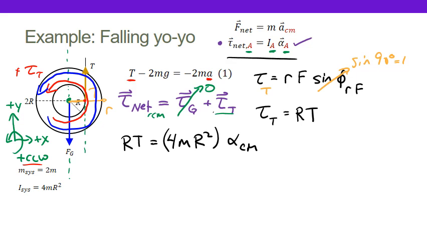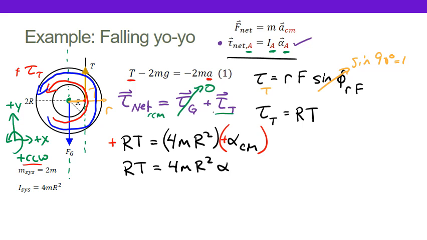And so my torque due to tension is going to be positive, and my acceleration is going to be positive. And so we can just drop those signs, and we get an equation that says RT equals 4m r squared alpha. And that is the alpha about the center of mass.